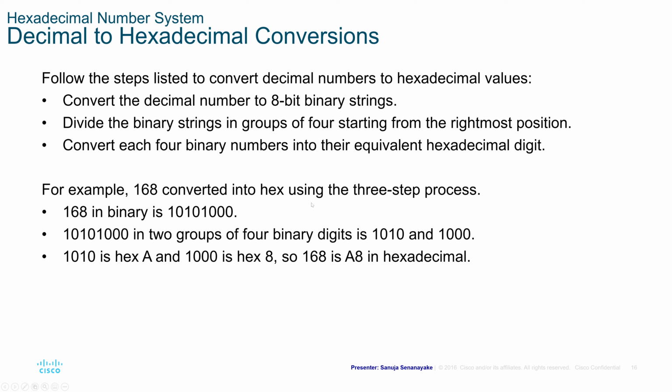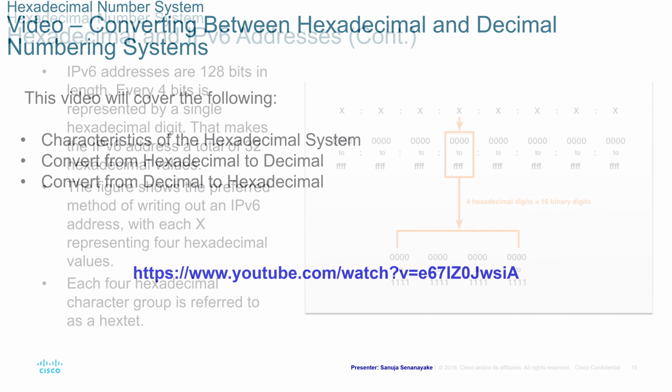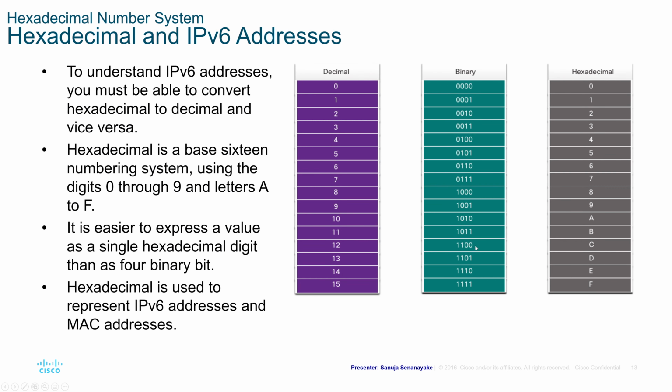Let's go over this again. We have 168 and we need to convert it all the way into hexadecimal. 168 in binary is 10101000. Then we take that value in 2 groups of 4 binary digits, so it's going to be 1010 and then 1000, a 1 and 3 zeros. 1010 in hex is A. If you go back to the table that I showed you before, the A is 1010.